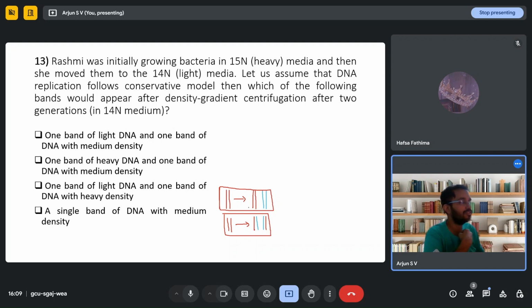If you do this same replication one more time, what will the density gradient centrifugation look like? You can take your time and solve the question and let me know the answer.